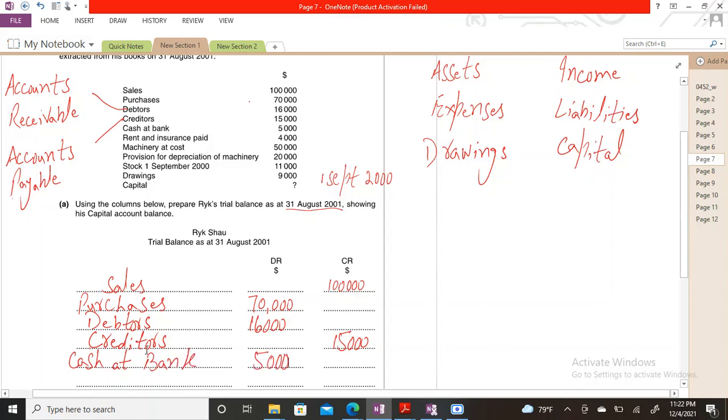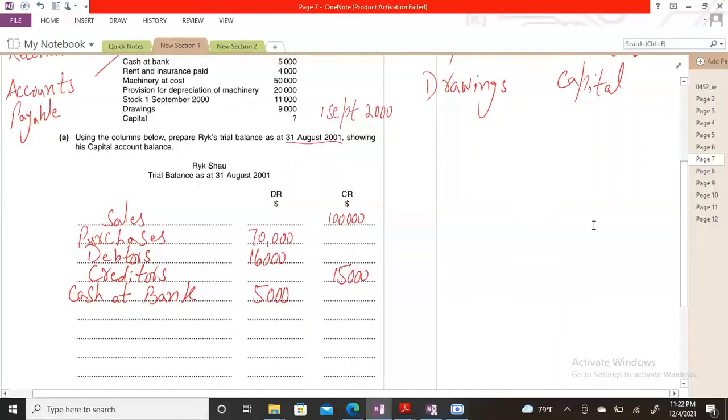After this, we have rent and insurance. So business expense, rent and insurance. All expenses are debit, so 4,000 is on the debit side.